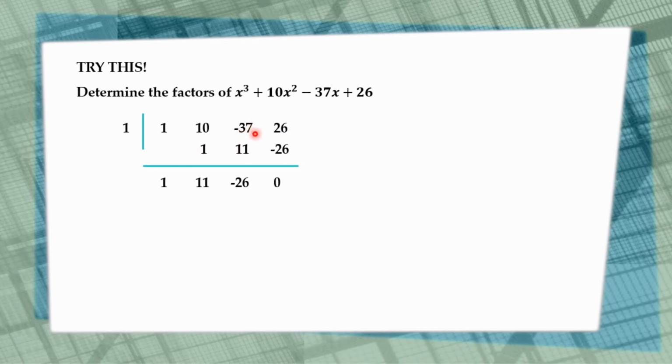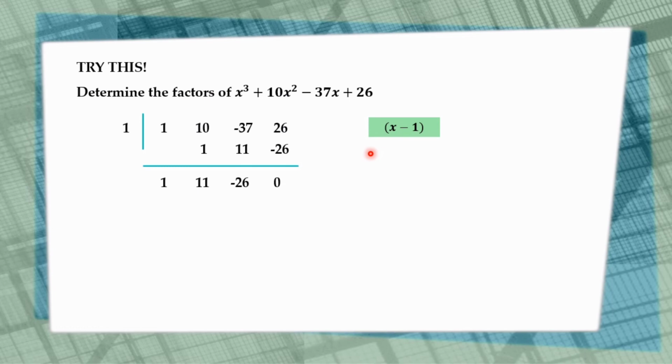Negative 37 plus 11 equals negative 26. Then negative 26 times 1 equals negative 26. 26 plus negative 26 equals 0. The remainder equals 0. Therefore, x minus 1 is a factor of the given polynomial.